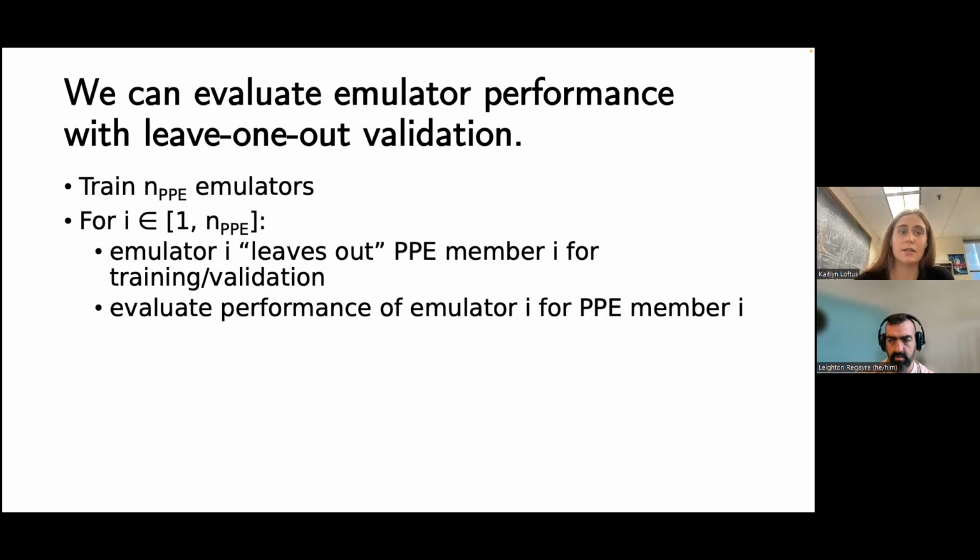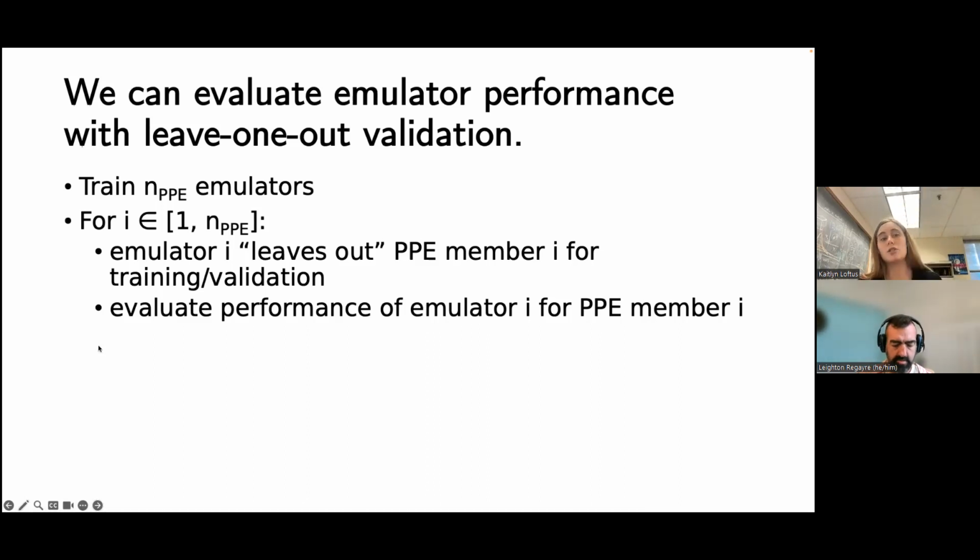Next I'll look at some evaluation of this ensemble neural network emulator approach with leave one out validation. Basically, what this means is we train 500 different emulators. That 500 number is coming from the number of PPE members we started with.